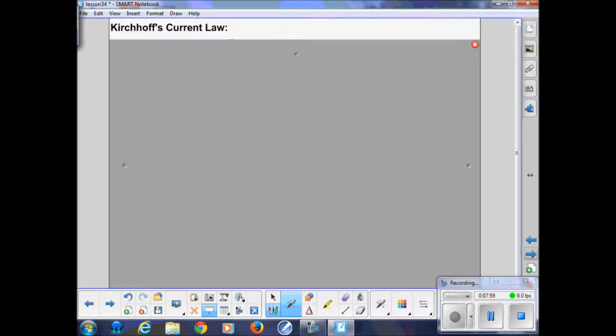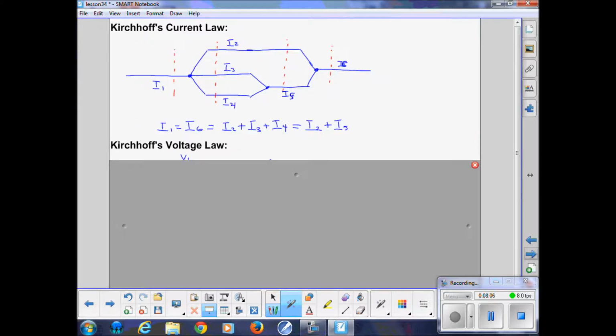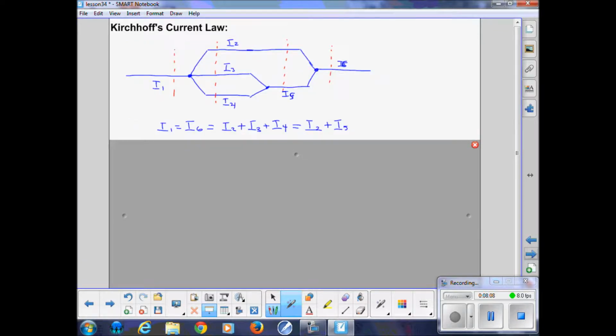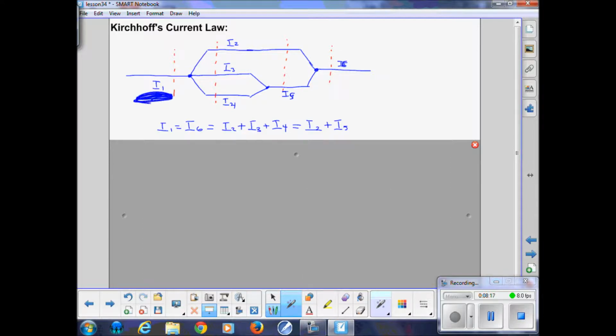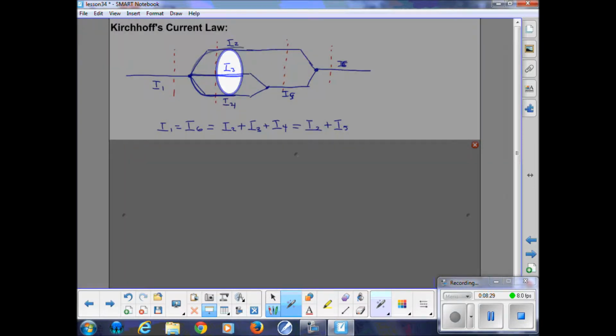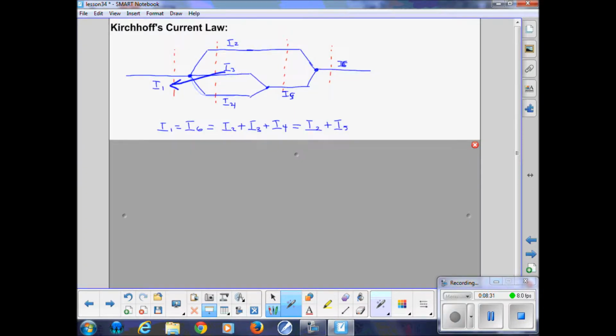All right. Then we talked about Kirchhoff and Kirchhoff's laws. There were 2 of them. The first law was his current law, and we said that at any point in time, the current remains constant. I'll do this in stages: I1 here, all the current is going through I1. If it then gets branched into 3 different sections, then the sum of I1, I2, I3, I4 is still going to equal the total current.